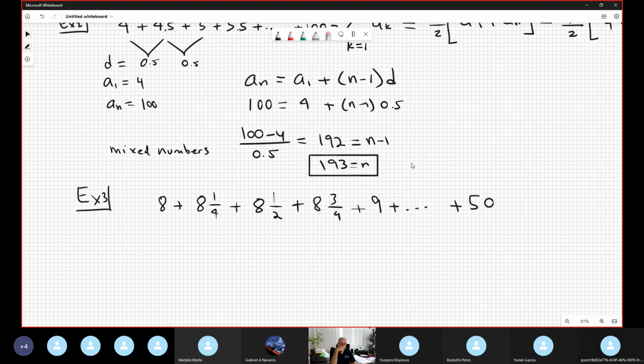Yes or no? Yes. And what is the common difference? 0.25. How do you find the common difference? The common difference is the formula a sub n minus a sub n minus 1. So you subtract any position minus the previous. You subtract this minus this.